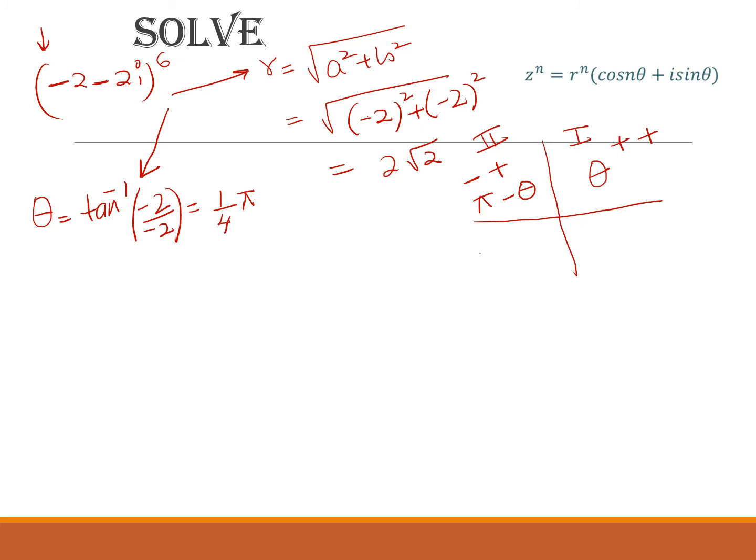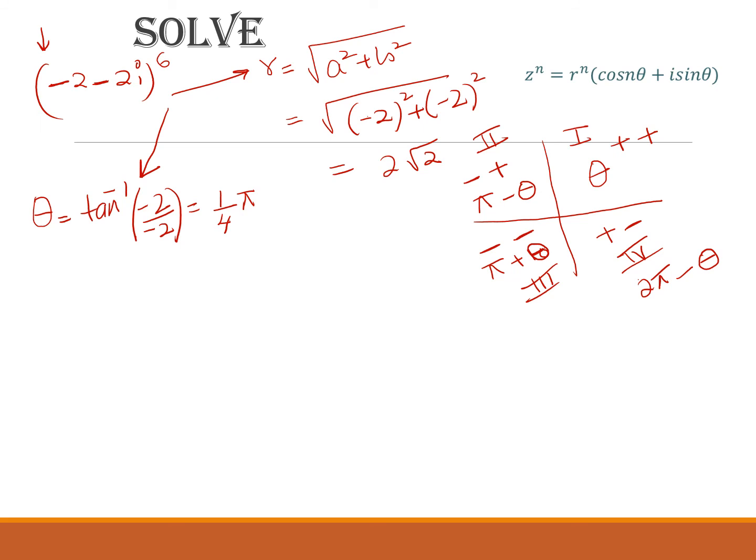If x is negative and y is negative, they lie in the third quadrant, where we use the formula pi plus theta. If x is positive and y is negative, the argument lies in the fourth quadrant, where the theta will be taken as 2 pi minus theta.